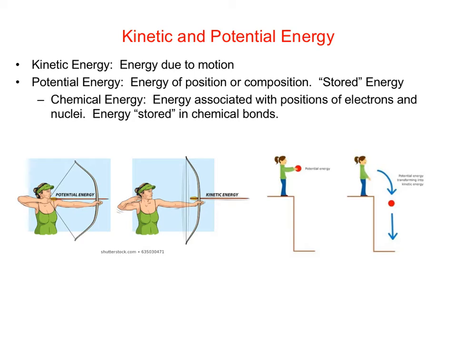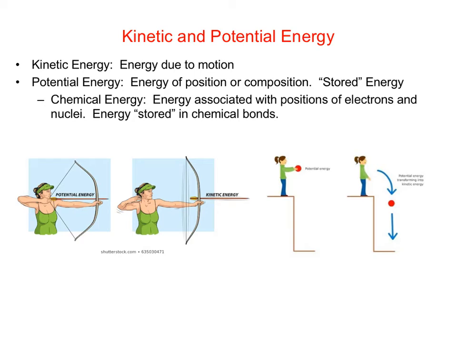And so just two other examples of potential and kinetic energy. When this archer pulls back on the string of the bow, right, that energy is in some sense stored, or more correctly, it's due to the stretching of the spring and the bow that is giving it its potential energy.